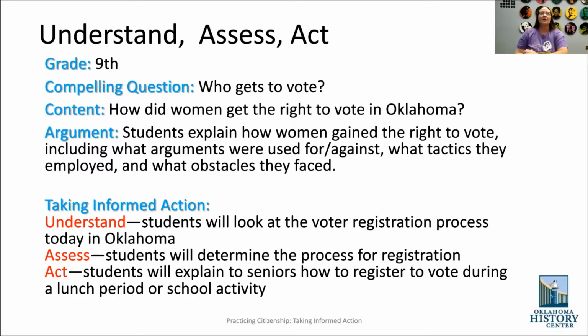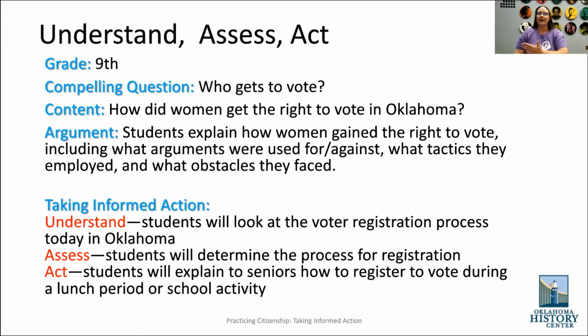So the argument that students would need to demonstrate at the end of the inquiry would be explaining in some way, and the form that takes can vary, and that's kind of a different part of the IDM model. But in some way, they will explain how women gained the right to vote.